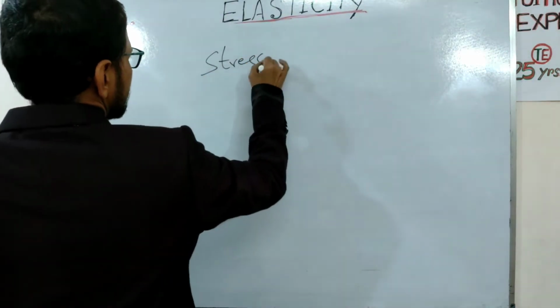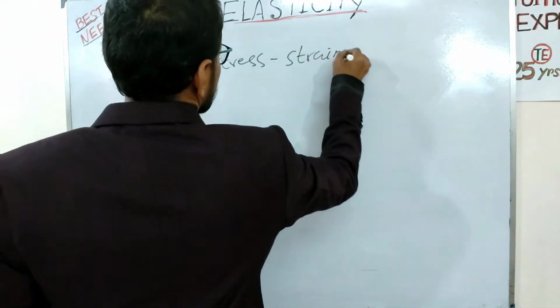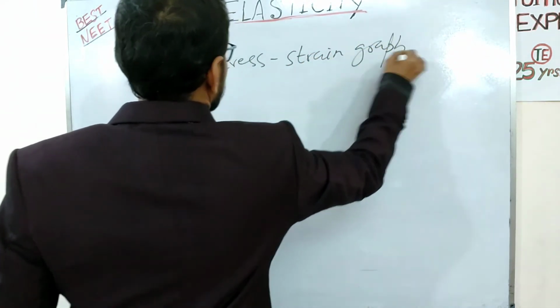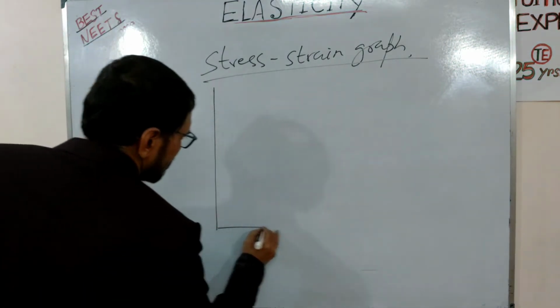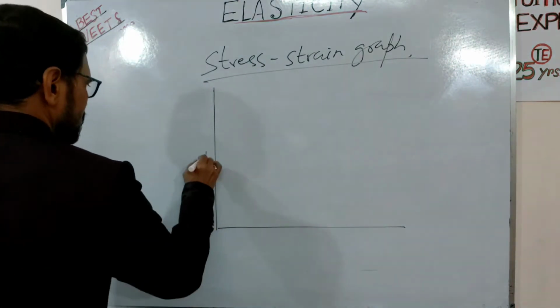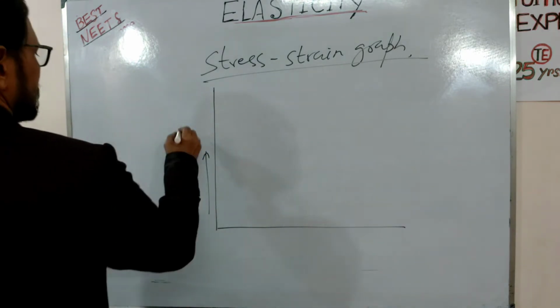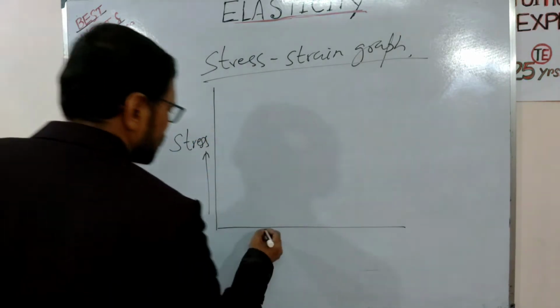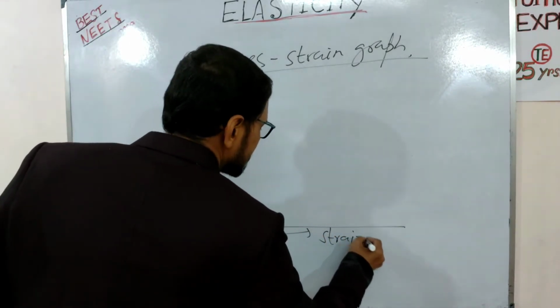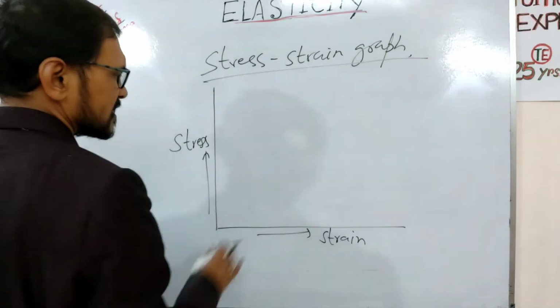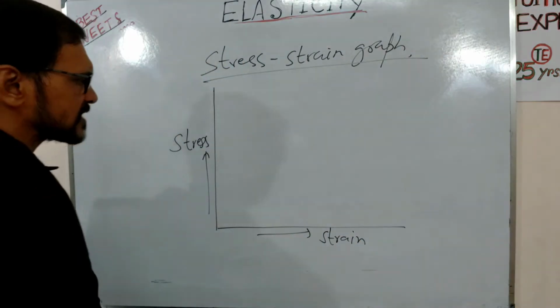Graph: stress strain graph. If we draw stress versus strain graph, how do we get it?